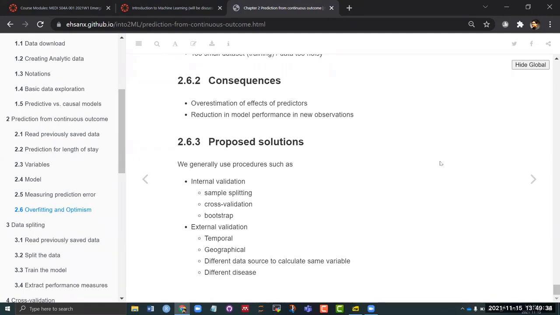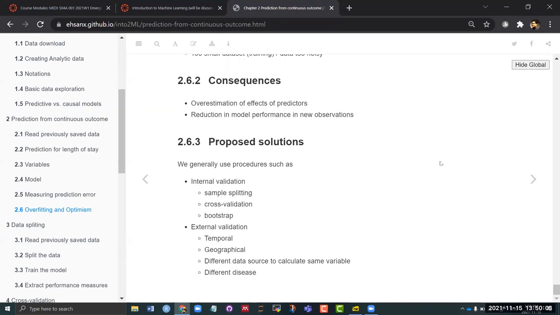Within internal validation, the first technique is sample splitting. I'm going to spend some time explaining that in the next section. A slightly modified version is known as cross validation, and bootstrap is a slightly different version where you do repeated sampling. I'm going to explain that in the next segment.